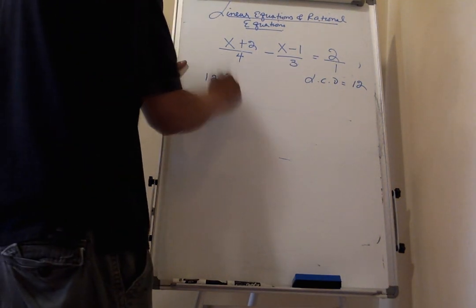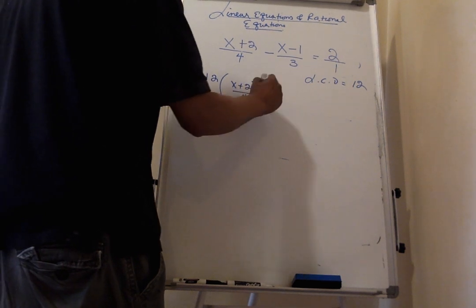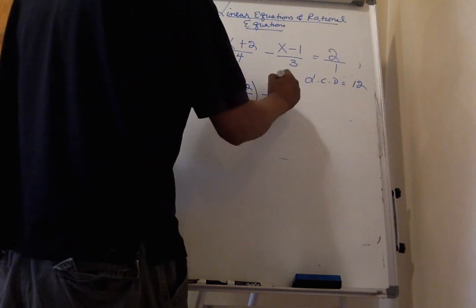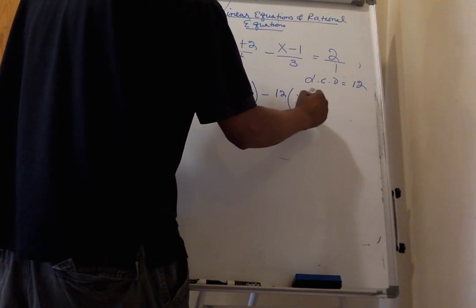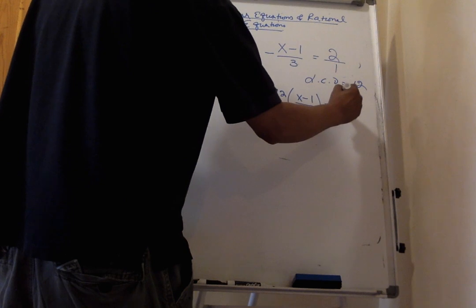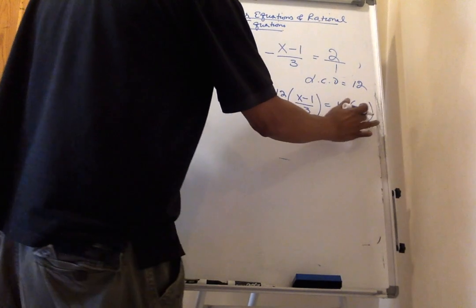So 12 times (x + 2)/4 minus 12 times (x - 1)/3 is equal to 12 times 2 over 1, or 2.